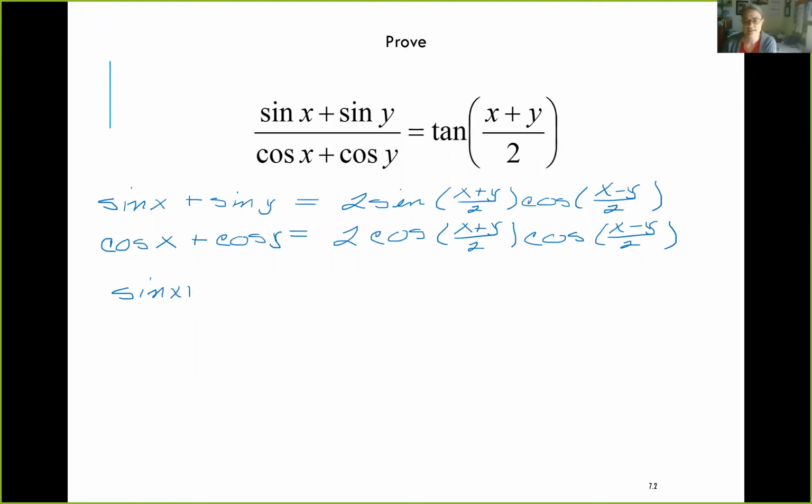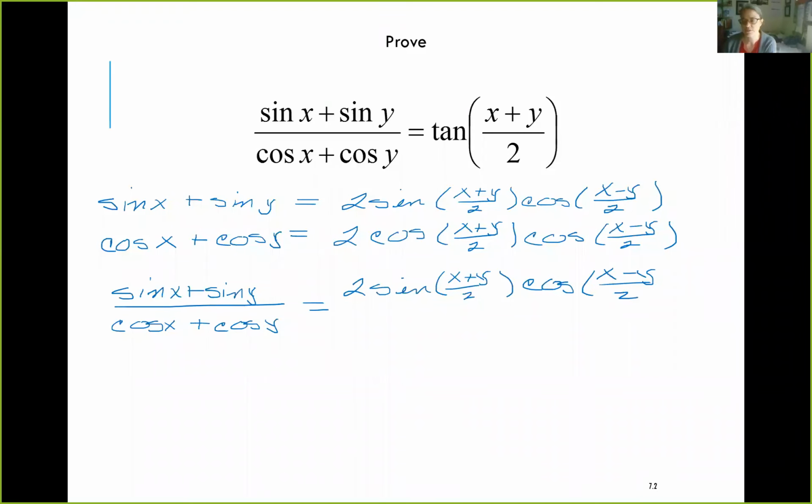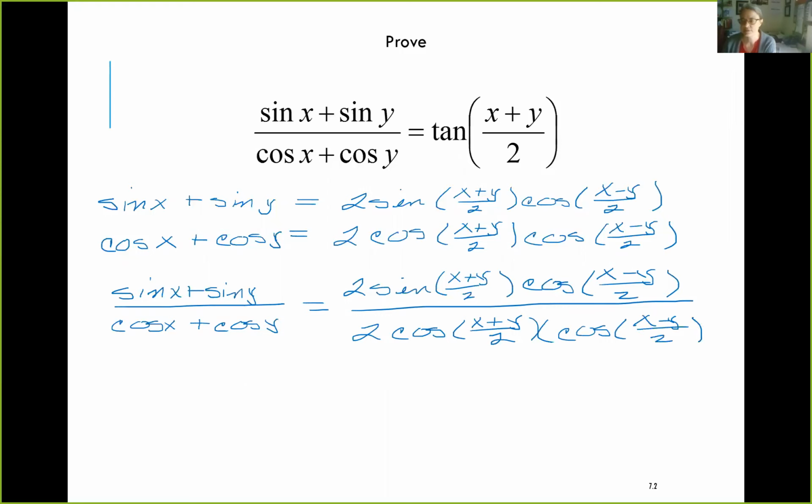Sine x plus sine y divided by cosine x plus cosine y equals 2 times the sine of x plus y over 2 times the cosine of x minus y over 2, divided by 2 times the cosine of x plus y over 2 times the cosine of x minus y over 2.